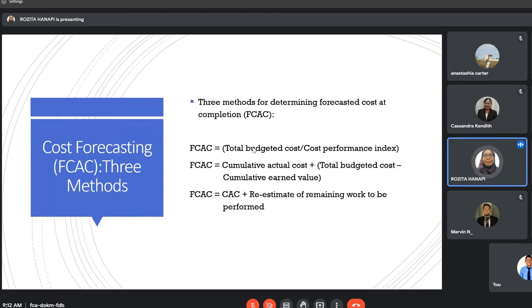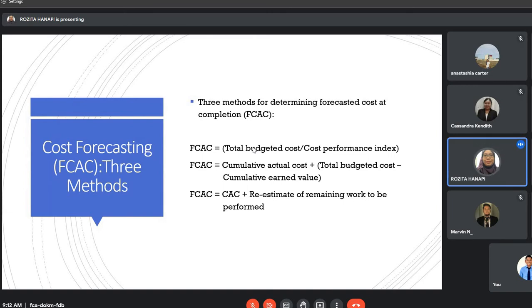So meaning that the forecasted cost for this project is more than what is being budgeted to the project. So it indicates that the project is overrun more than what is budgeted.